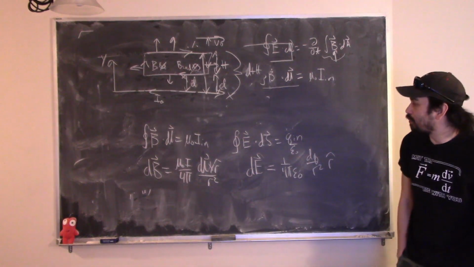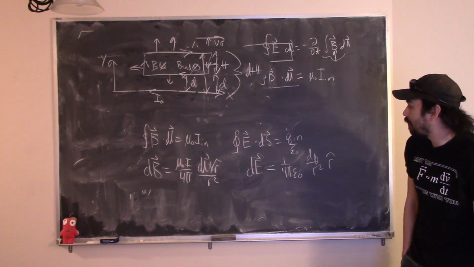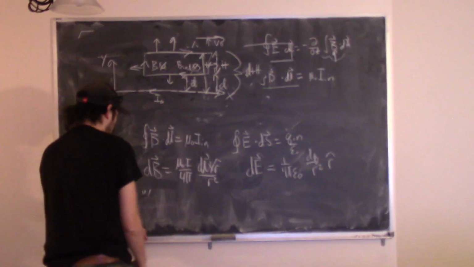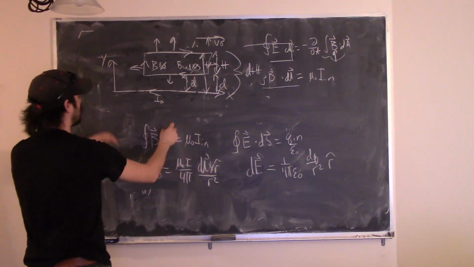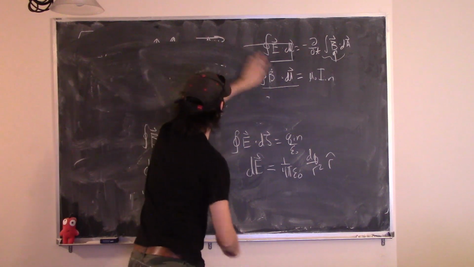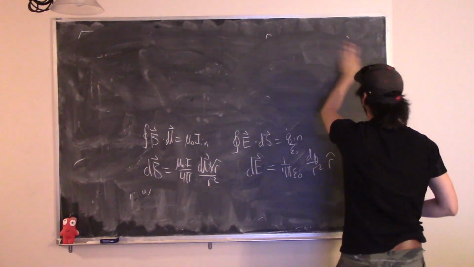Now, the other thing when we're talking about the ways that we can apply these is what types of problems could we do with Ampere's Law? With Ampere's Law, really the only types of problems that we talked about were problems where we had some infinitely long current, right? The problem that I just did was an example of that.